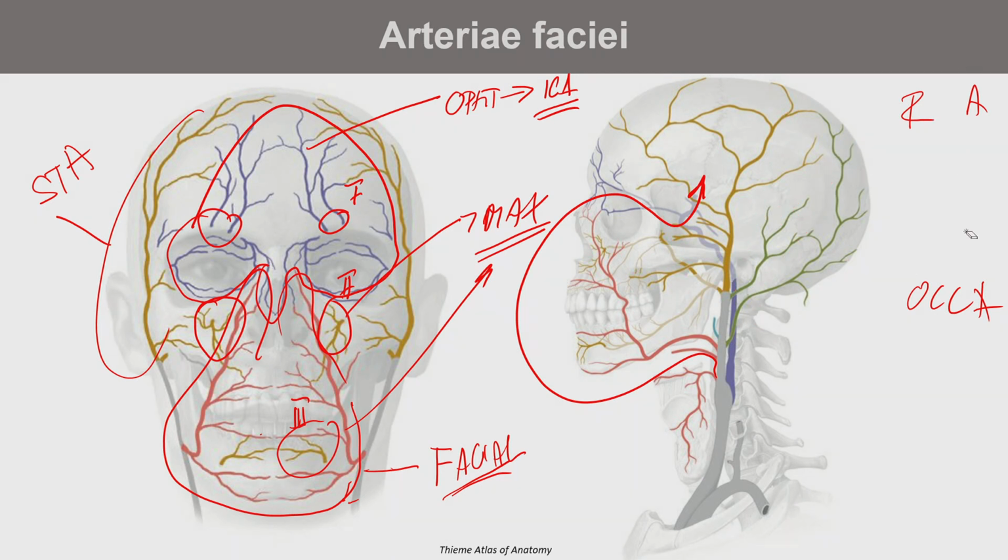When you have occluded, for example, carotid completely here, this is the way how the blood could flow into the brain through those natural anastomoses.